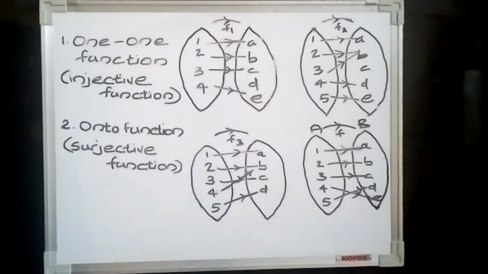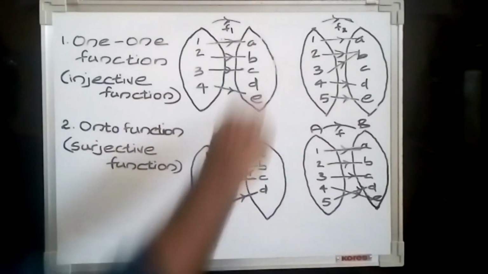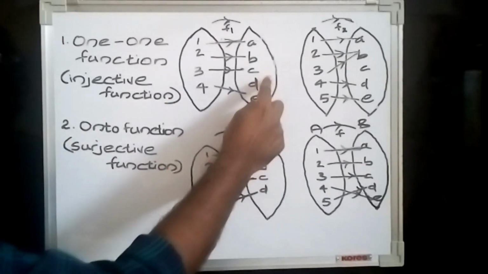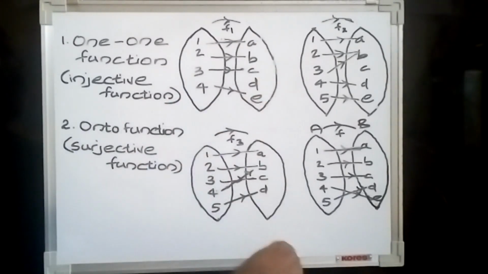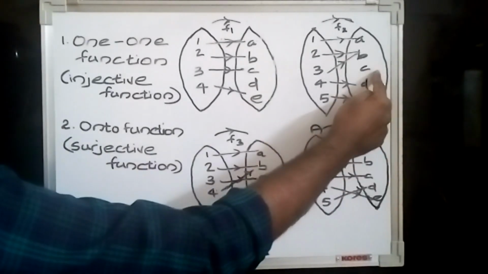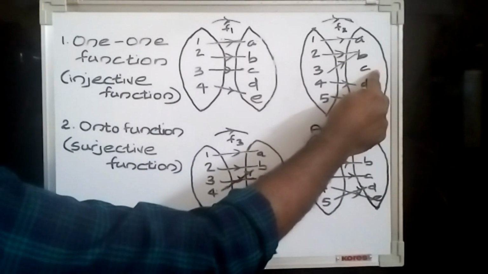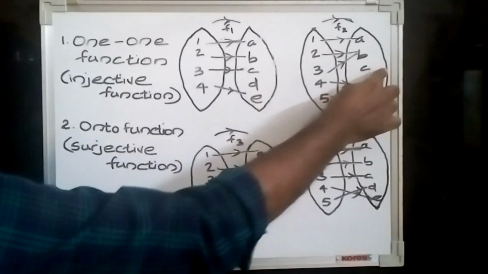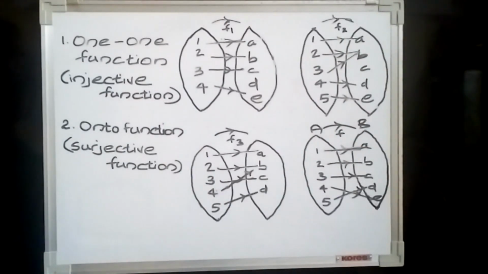Therefore, a function is an onto function if every element in the second set has a pre-image in the first set. f2 is also not an onto function. Why? The element c in the second set has no pre-image in the first set.